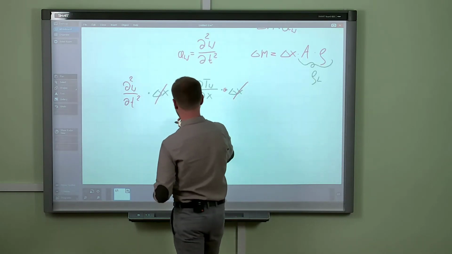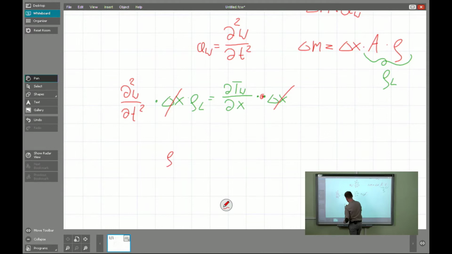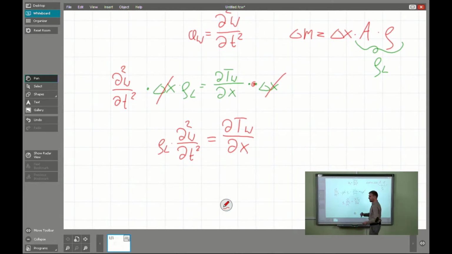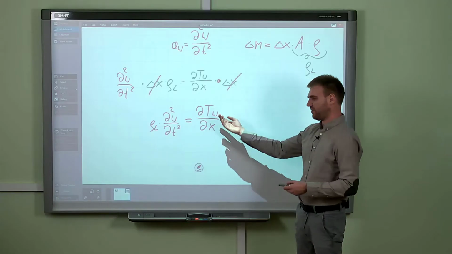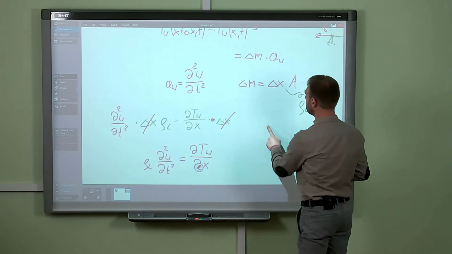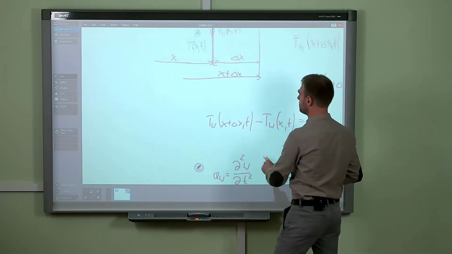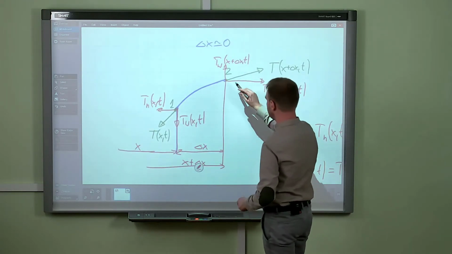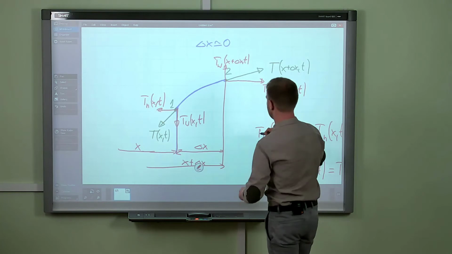It means that here we have the linear density times the second derivative of w equal to dTw over dx. And now we have to find the connection between Tw and w. It's easy to find, because we have a relationship between Tw and Th.